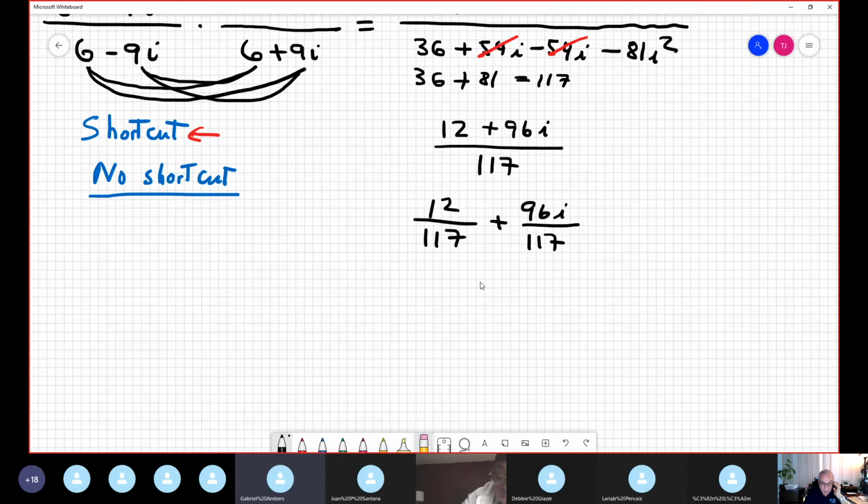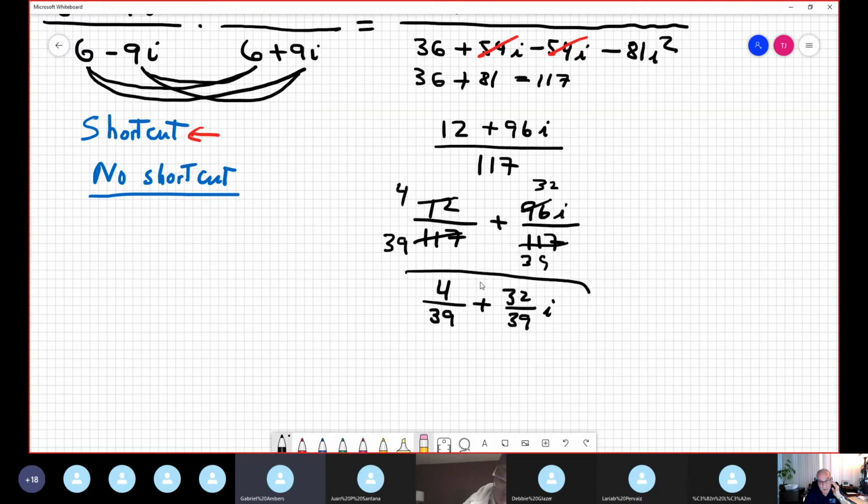We can reduce. This is 4 over 39, because 12 divided by 3 is 4, and 117 divided by 3 is 39. Likewise, 96 is divisible by 3, which gives 32, and 117 divided by 3 is 39. So the answer is 32 over 39.